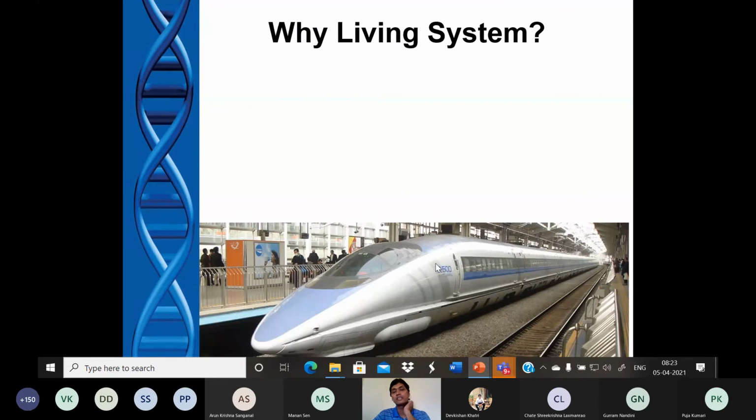You can see that this is a bullet train. Now, bullet trains are available in many countries, right? But mostly, bullet trains initially started running in Japan. So what happened in Japan?